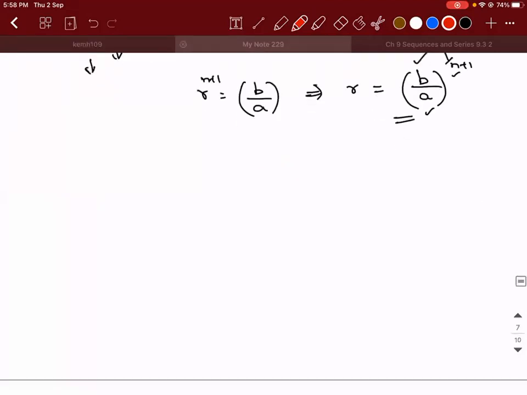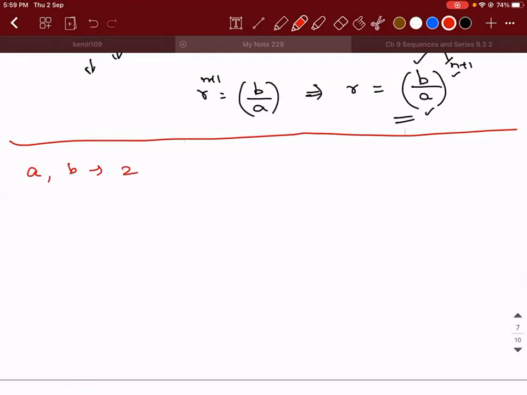I'll write it separately and show. A and B are two positive real numbers. Then what is the arithmetic mean of these two? A plus B divided by 2. Then what is the geometric mean of these two?